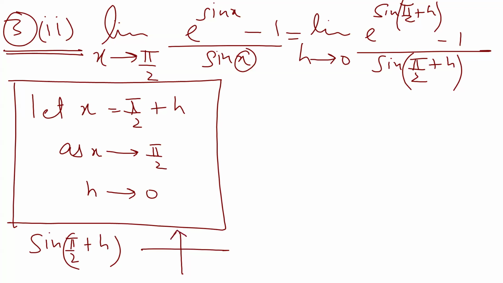Pi by 2 is over here, plus h, so in this quadrant, sin pi by 2 plus h will be what? Cos h.